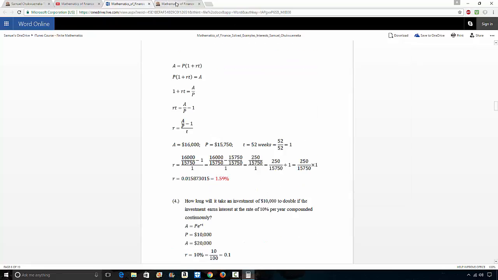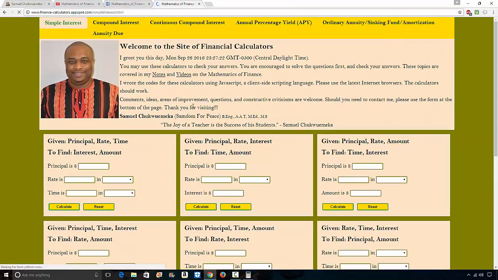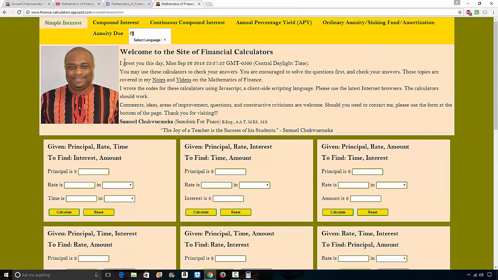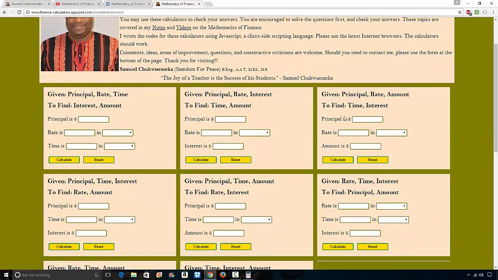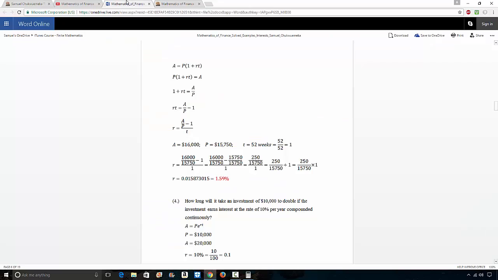You can also use this calculator here to check your answer. Just click simple interest, and we're asked to find the rate. So I'm looking for rate. I'm giving the amount, so I'm giving amount and principal and time. So let me find the rate and interest.